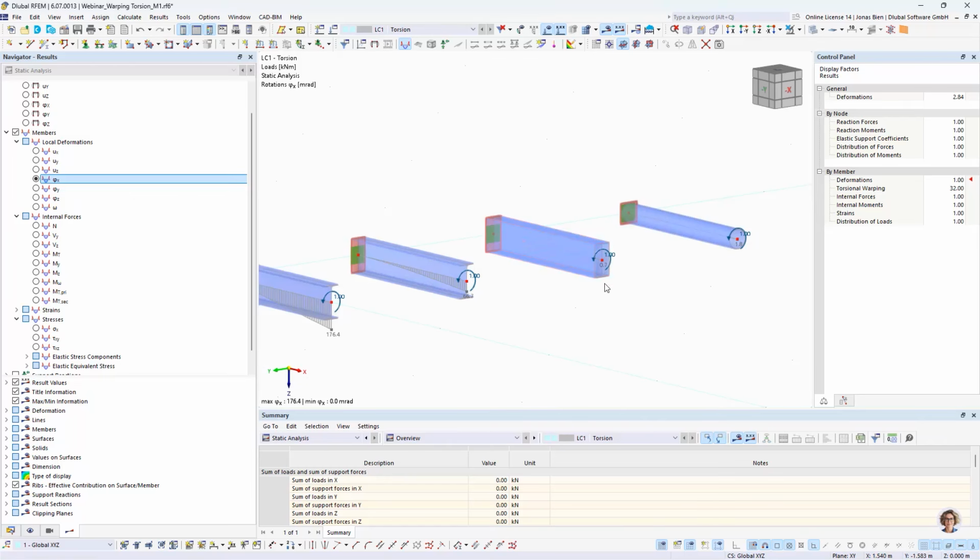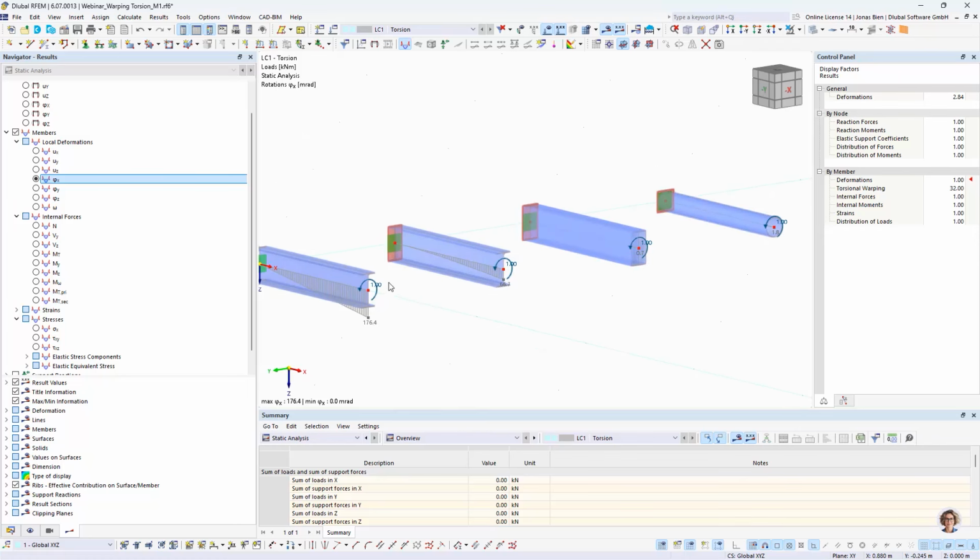Of course, it's not perfectly comparable because this CHS section has a bit smaller diameter compared to the height of this section. But we can see the big differences between the rotations of these open sections and the closed sections.